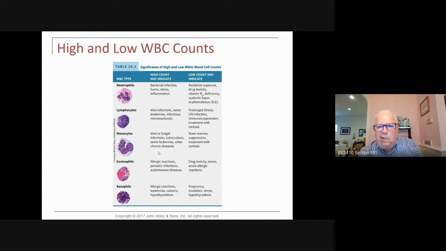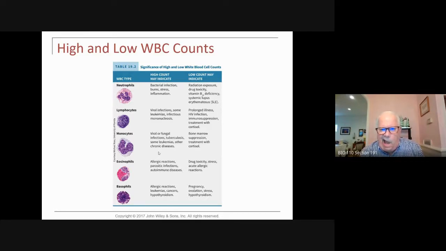Neutrophils kill bacteria. You can also get a high neutrophil count if you're burned, or if you're stressed, or if you have any kind of inflammation. Do not worry about low counts. That's not important at the moment, okay?